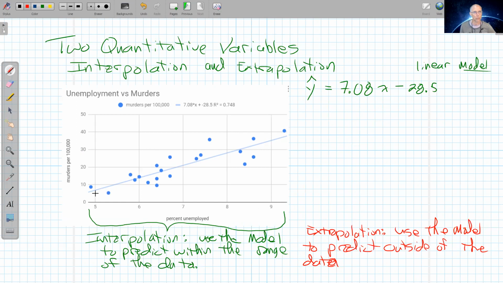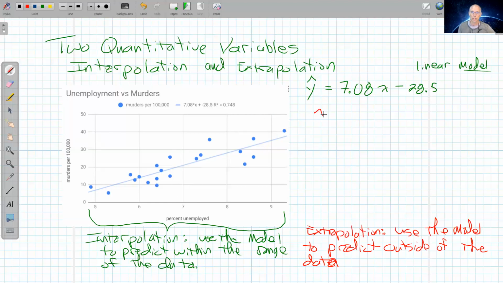If I was going the other way, as far as murders go, I'd have to make sure I have murders per 100,000 between 0-ish and 40-ish. So it could go either way. For example, there's no data for exactly 7%, so I could predict the murder rate of a city that had unemployment of about 7% by just plugging in.